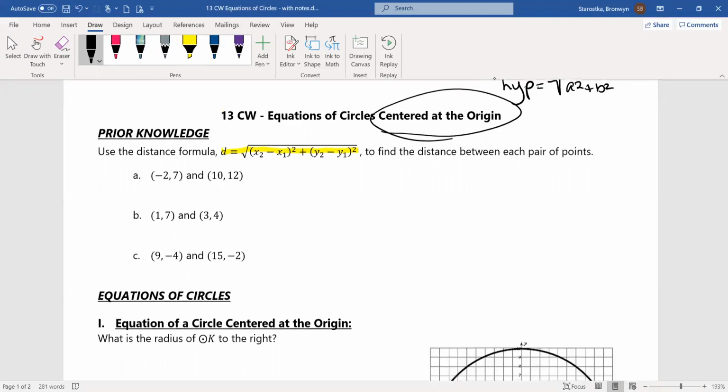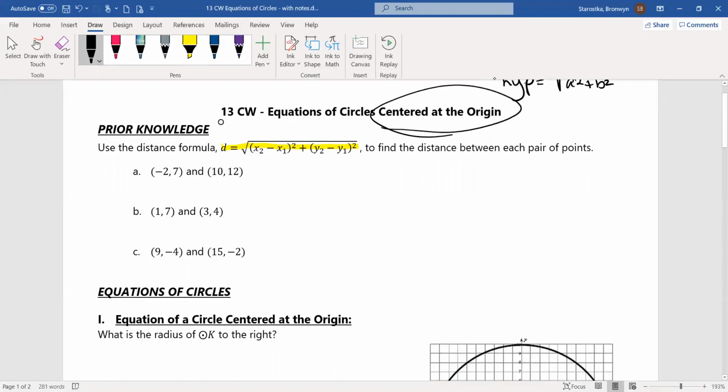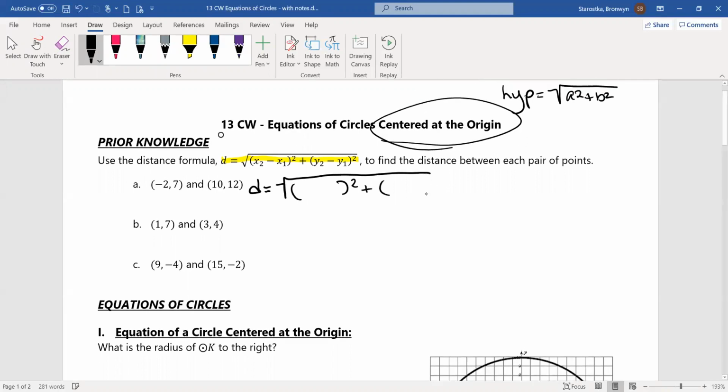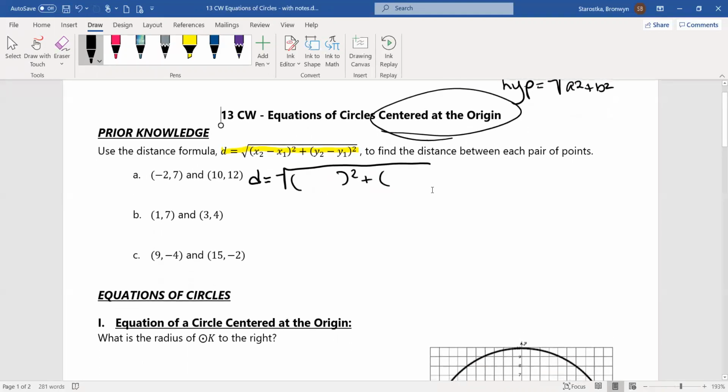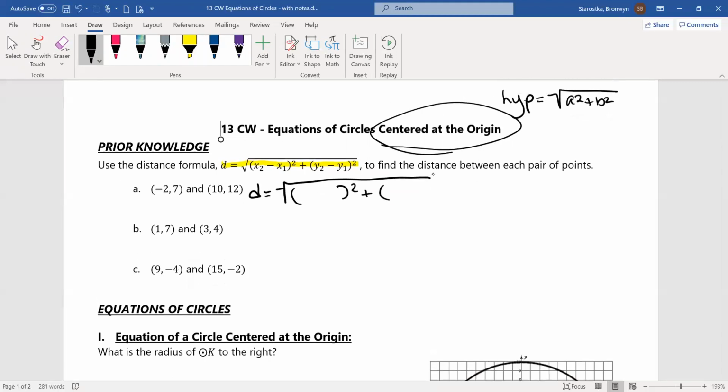So here we go. If we're going to use the distance formula to find the distance between these 2 points, then the distance is, and when I do this, I like to set up the structure and then solve.